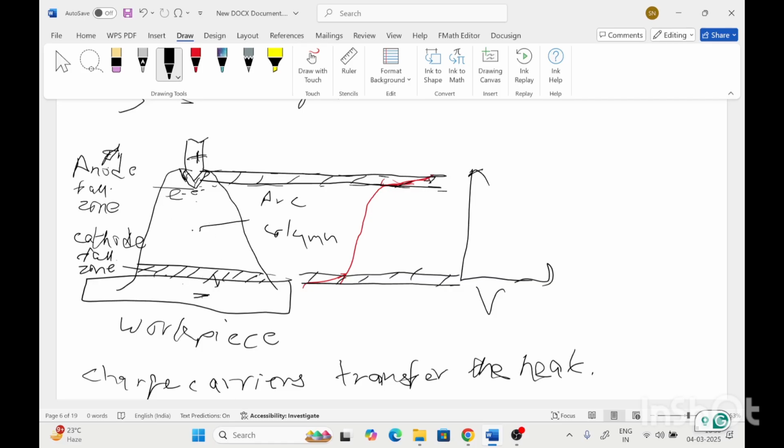The in-between region is called the arc column. This is the voltage variation in all three regions. For the anode pole zone and cathode pole zone, the voltage changes gradually, and in the arc column the voltage increases abruptly.